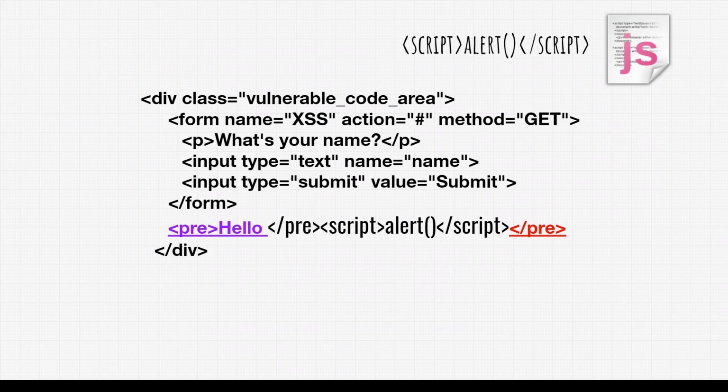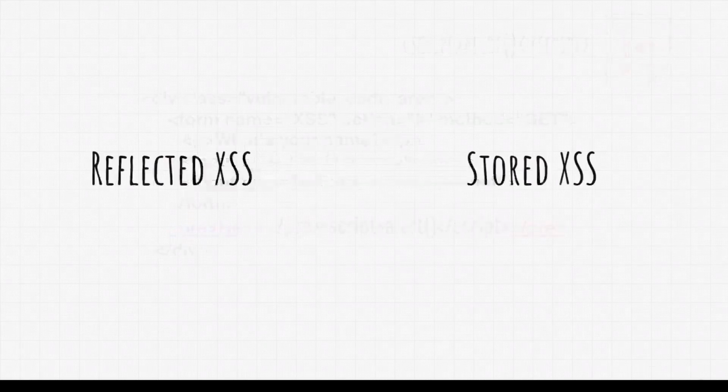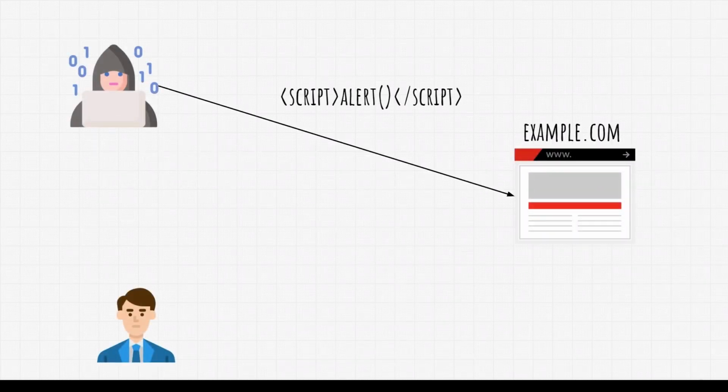Now, let's talk about two main types of XSS and how they differ. These two types are called reflected XSS and stored XSS. Let's explain reflected XSS first. In reflected XSS, we have an attacker injecting JavaScript code inside a certain web page. The web page processes that input as JavaScript and runs it, letting the attacker know that it's vulnerable to XSS.